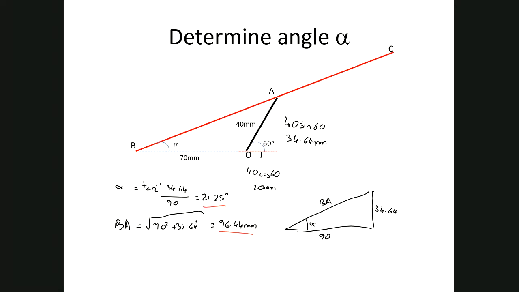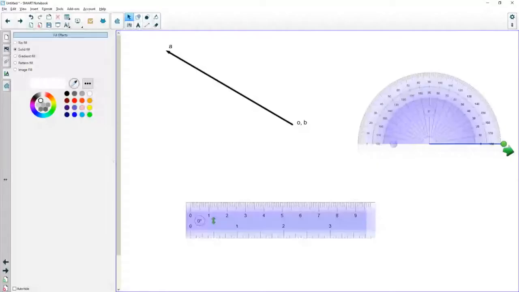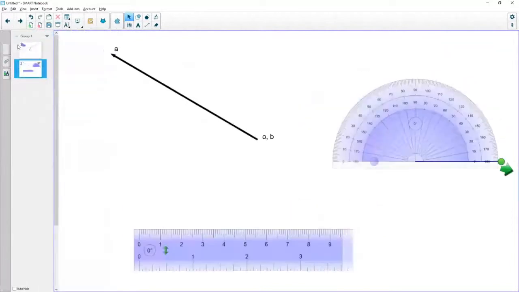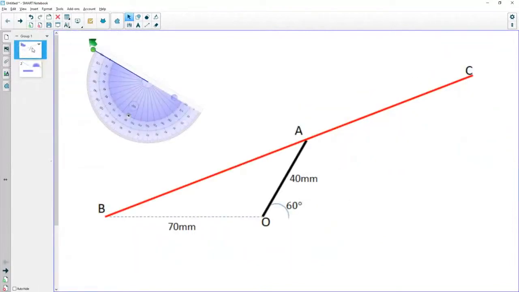Okay, now we've got the space diagram, and this is drawn to scale, so we can measure things. I'm going to go into another package, and we're going to start drawing tangents to this system. So you should now be seeing our space diagram in Smart Notebook.